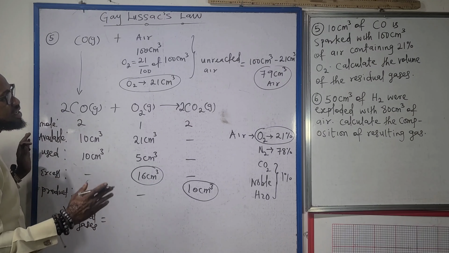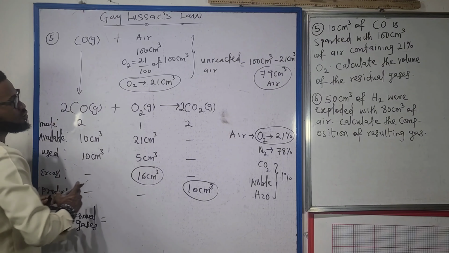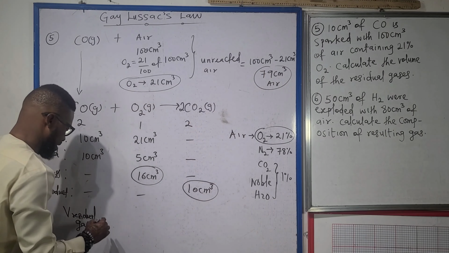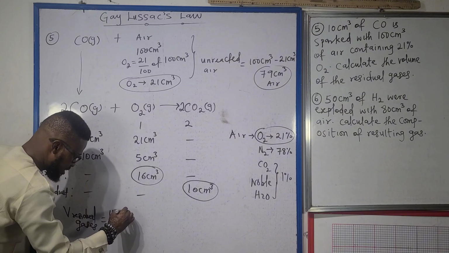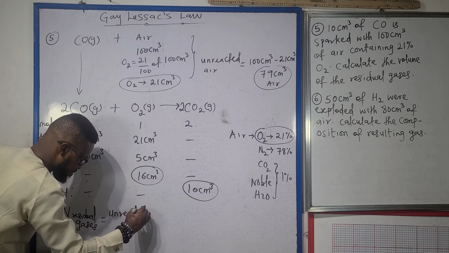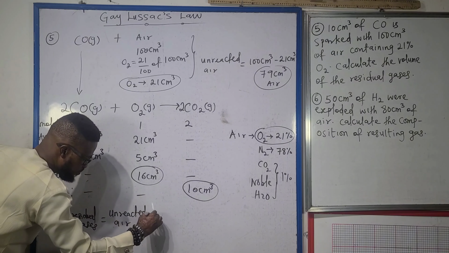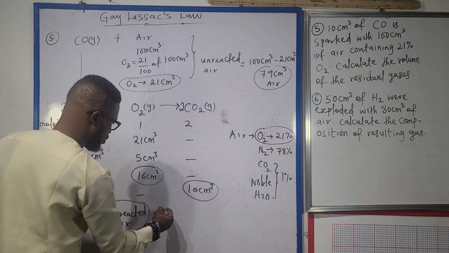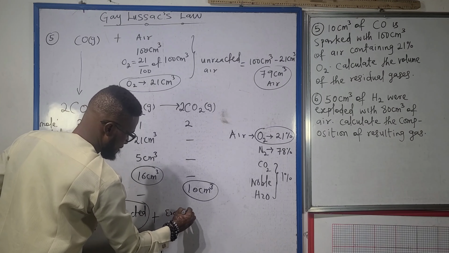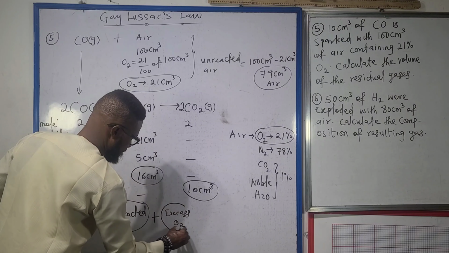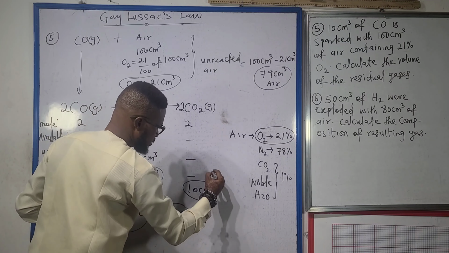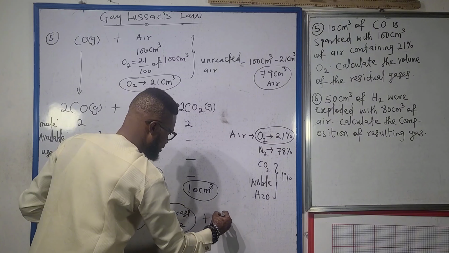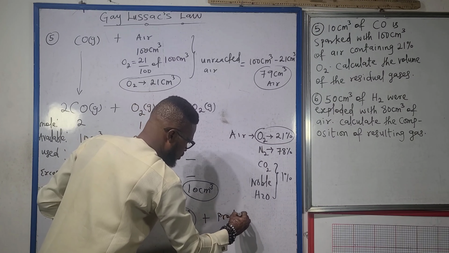The volume of the residual gases is actually, looking at where we started from, we have unreacted air, plus SS oxygen, plus the volume of the product formed.